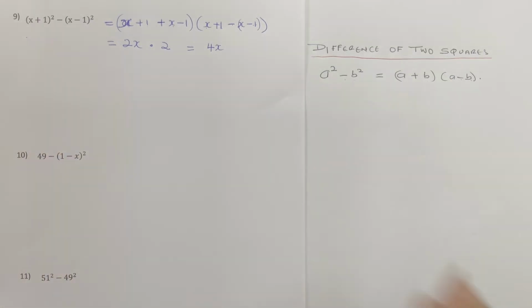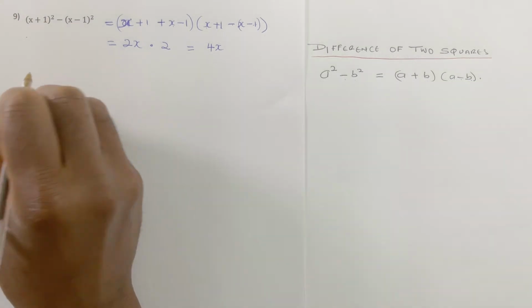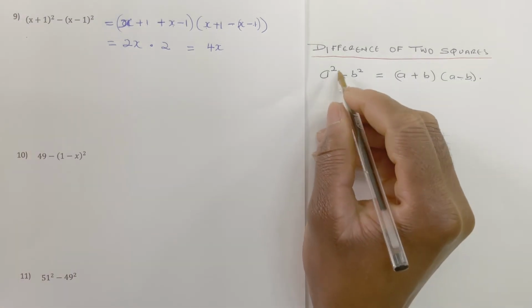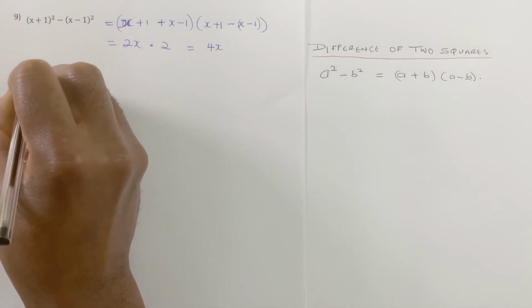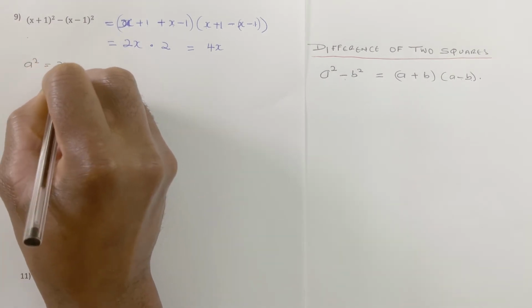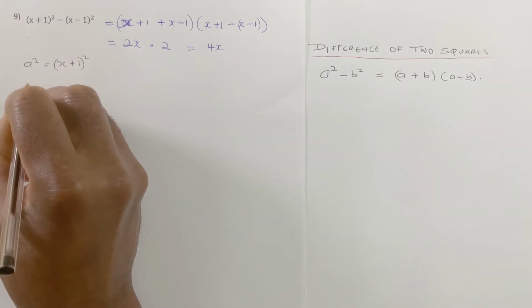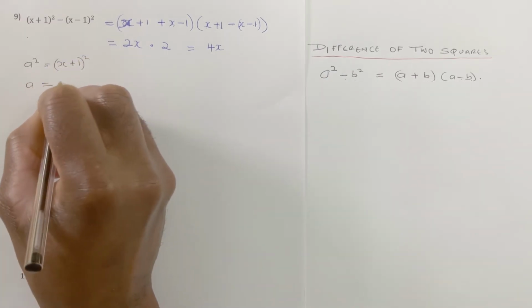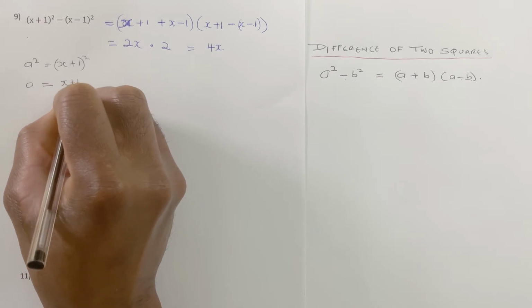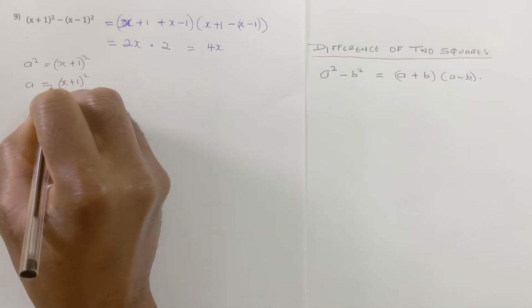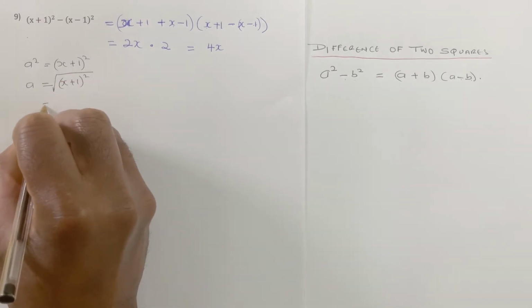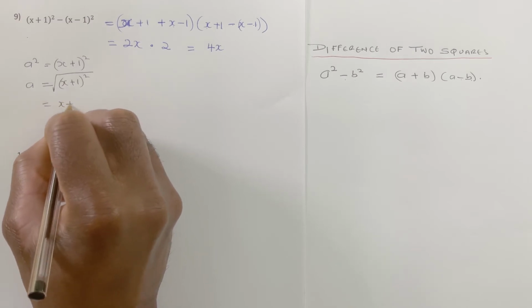But if you're not sure how to do that, because it looks confusing, you need to assign a squared. So you could say a squared equals x plus 1 squared. Therefore, a will be the square root of x plus 1 squared, and that would just be x plus 1.